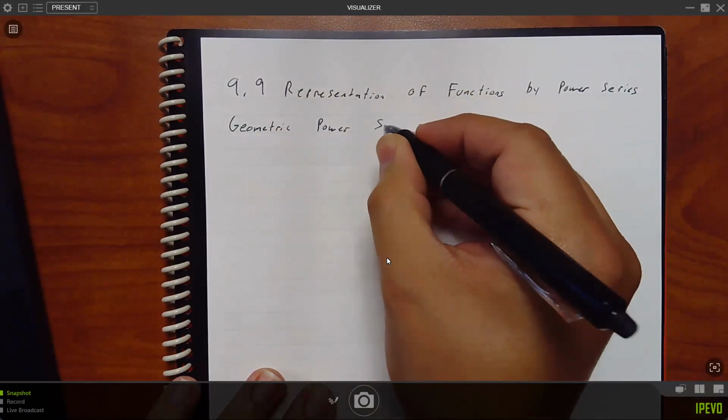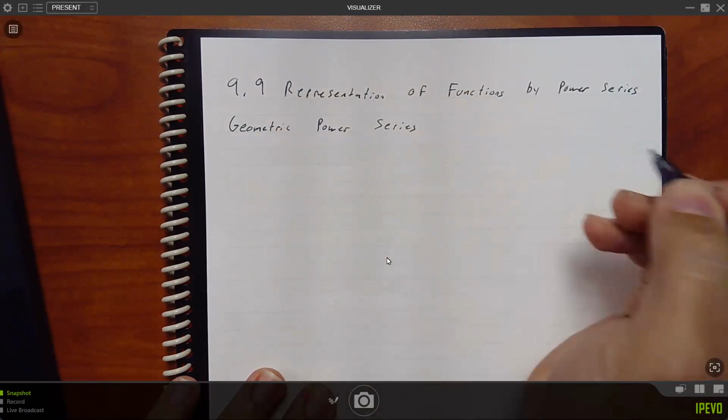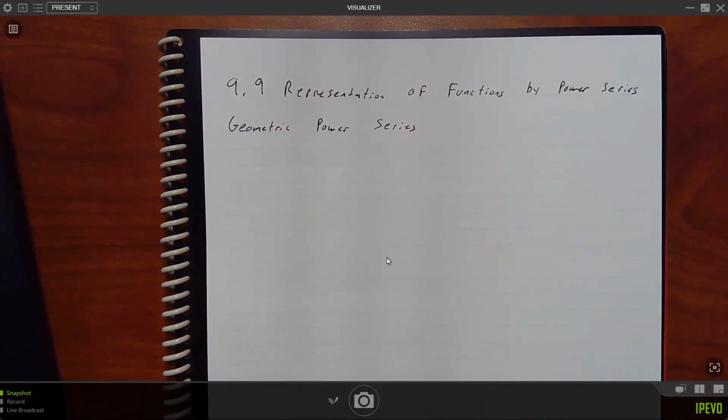Geometric power series. So basically the idea was if you have a function, you can represent it as a series, which becomes really handy in programming.